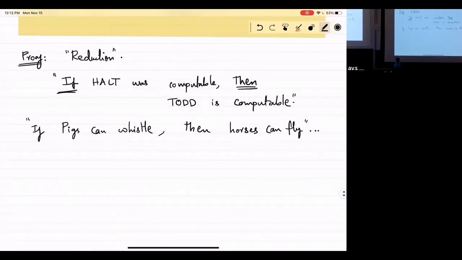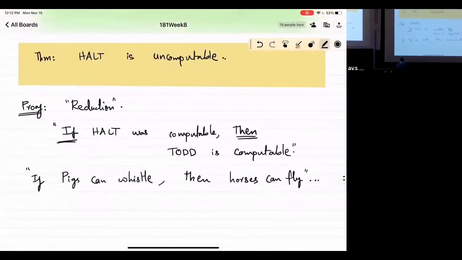Another way to think about it is, think of your reduction as using some kind of library. Someone gave you the magical power to solve the halting problem. Gave you a magical library, which when you call that function from that library, solves the halting problem. And I'm now asking, what can you do with this power? With great power comes great responsibility. And what we're going to do with this great power is to solve the toddler problem.